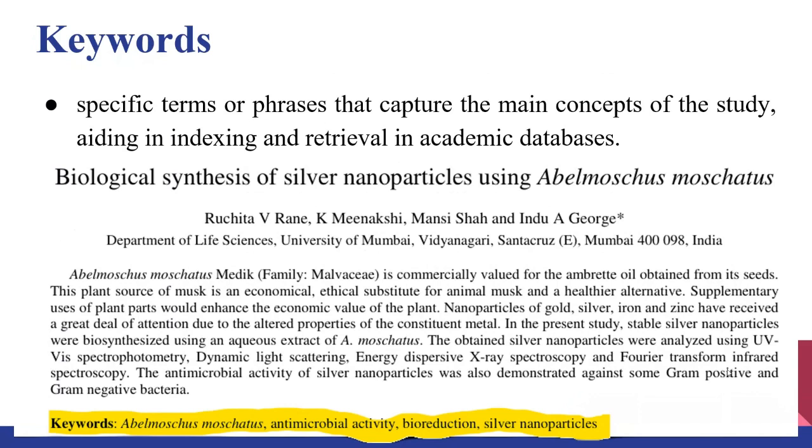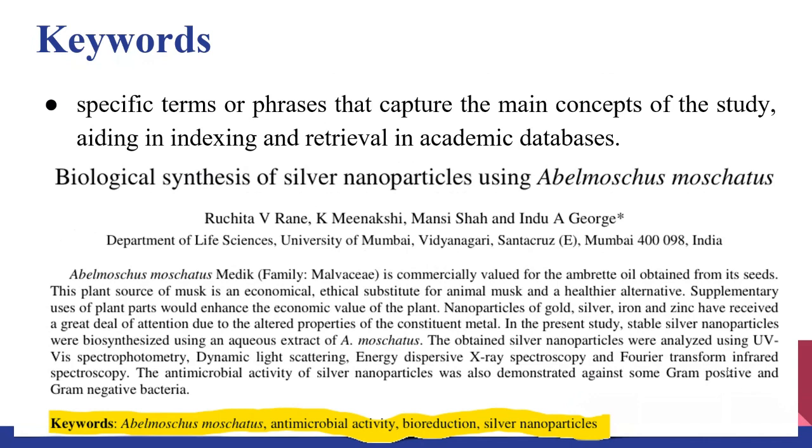Followed by the abstract, the next key point, highlighted here with a yellow highlighter, is keywords. What are keywords? Keywords in a research paper abstract are specific terms or phrases that capture the main concept of the study, aiding in indexing and retrieval in academic databases.